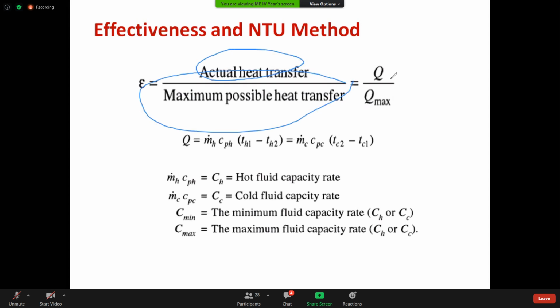The actual heat transfer can be through the cold fluid or through the hot fluid. That is, mCp dT of the cold fluid, m_c Cp_c (Tco minus Tci), or m_h Cp_h (Thi minus Tho) of the hot fluid. It can be either of these. This is the actual. This Q is equal to actual; this could be because of the hot fluid, this could be because of the cold fluid.